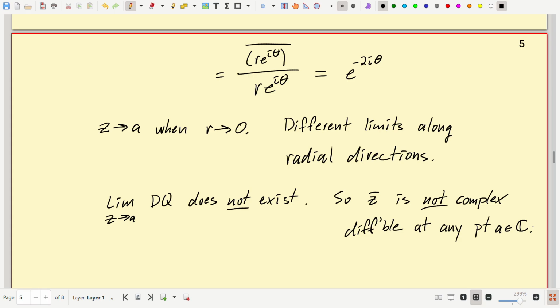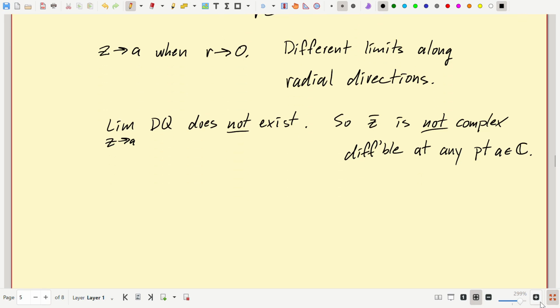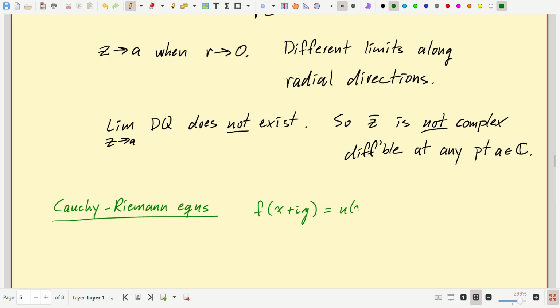Well, it turns out that if you want to show that something is complex differentiable, you don't have to check all directions. You only have to check 2. And that's the Cauchy-Riemann equations. Let's write f of x plus iy equal to u of x,y plus i v of x,y.